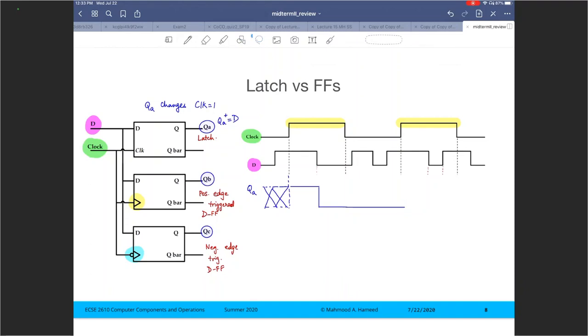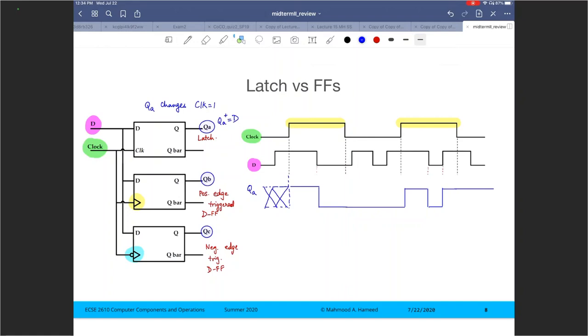Next, as soon as clock goes to 1, now QA will follow the D input. So now it needs to go high, low, high. All right, so let's do that. And then after that, it is stored.